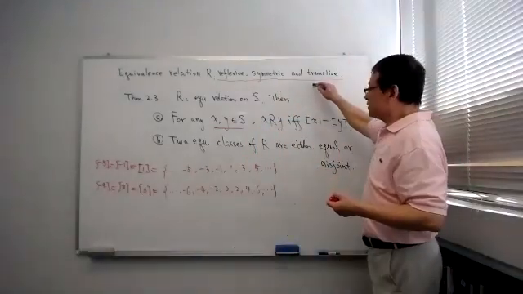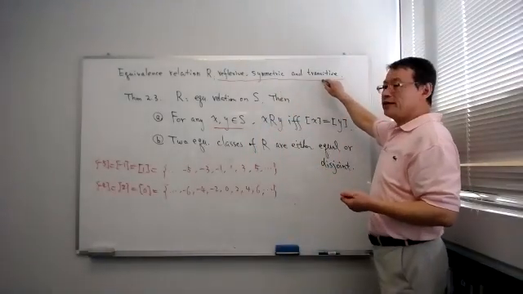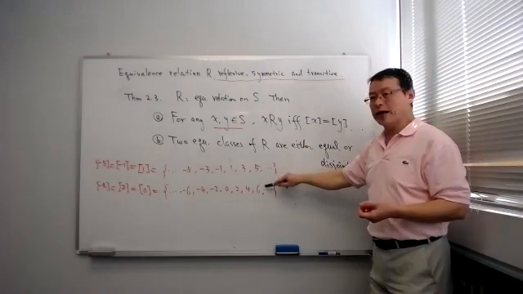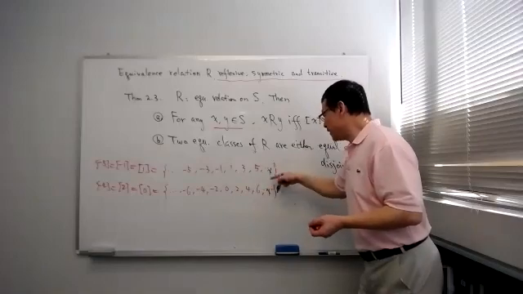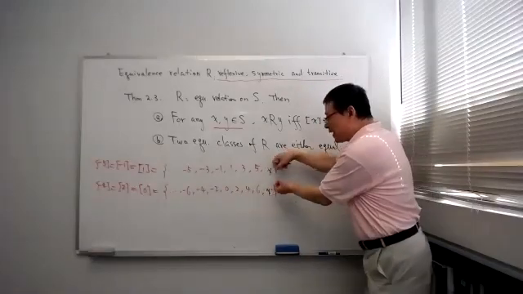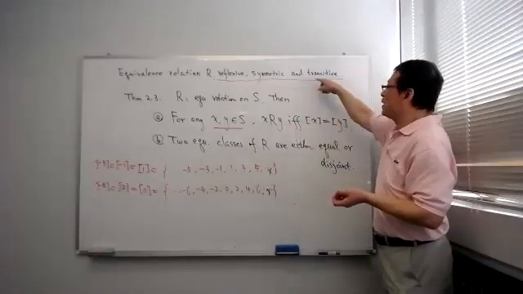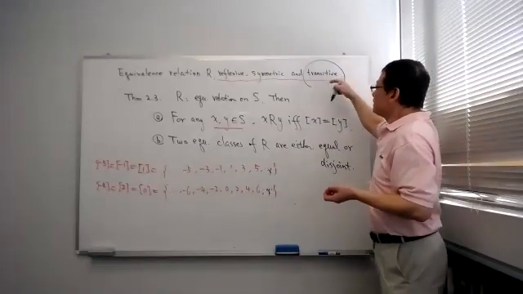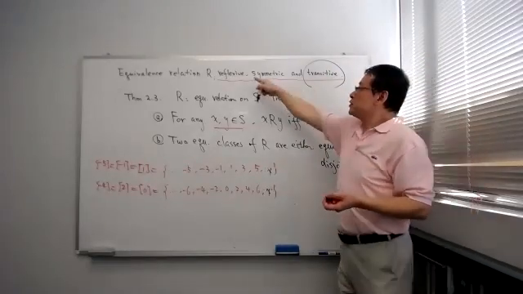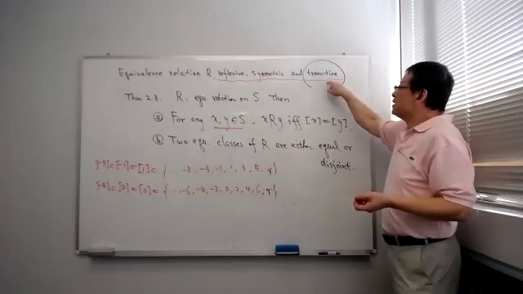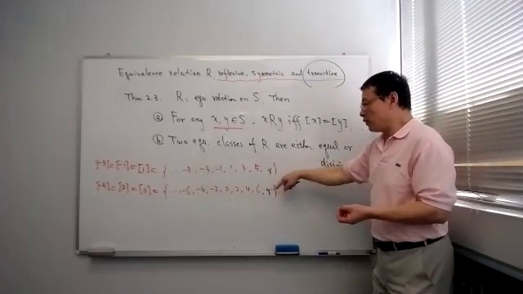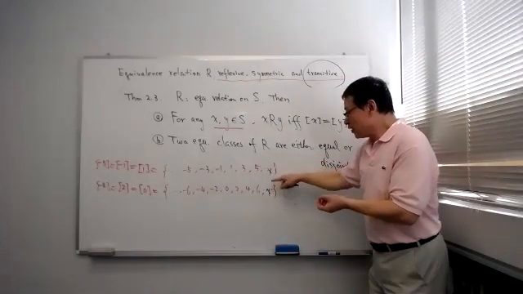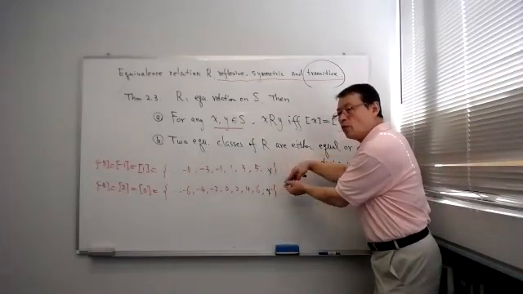Basically, it is based on the idea of transitivity. If these two classes share one element, if they have one element in common, say x here and x here, then these two classes will be merged into one because of transitivity. So really, it's transitivity. These are simple things. Because they share one element, these two classes will become one.